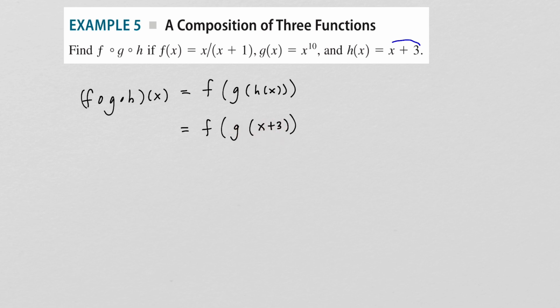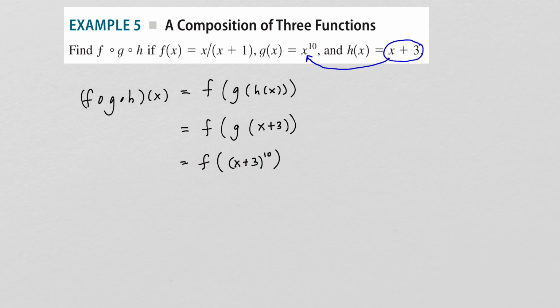So we're going to take this function here and plug it in for x right there. Now when we do that, we're going to end up having f of x plus 3 quantity to the 10th power, right? Because that's what you get when you put this into here. Now we're going to do f of that thing.